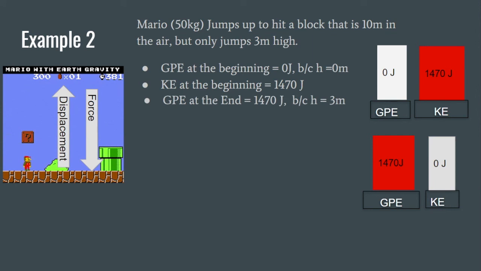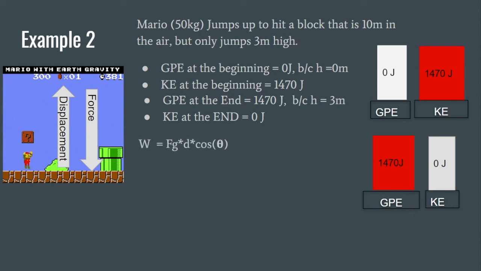Like I said, the GPE at the end is 1,470 joules because my height was 3 meters. So now maybe you guys understand where I figured out that kinetic energy was 1,470 joules. It was because I solved for GPE at the apex and knew that that energy had to come from somewhere, and it came from my initial kinetic. Final kinetic is just 0 because again, we are at the apex and we are not moving at the apex.